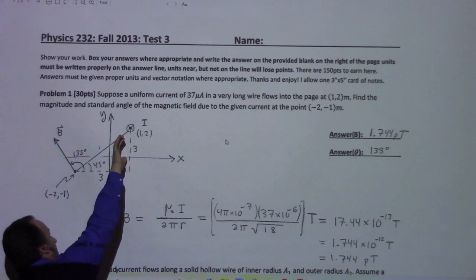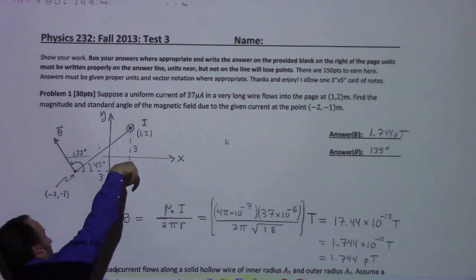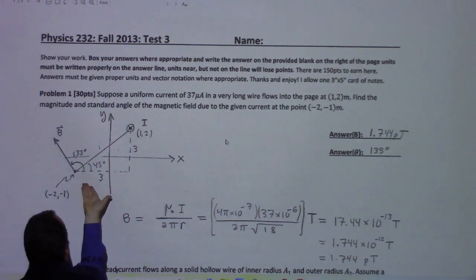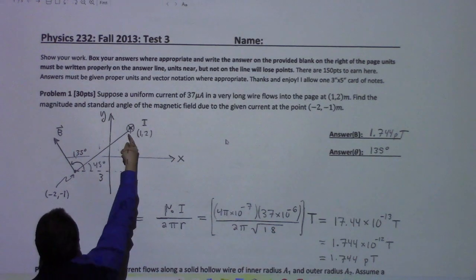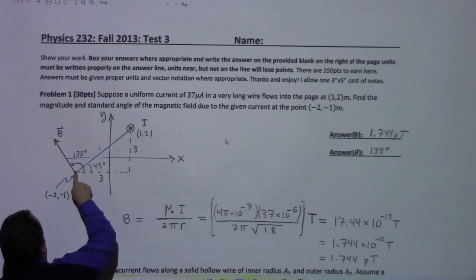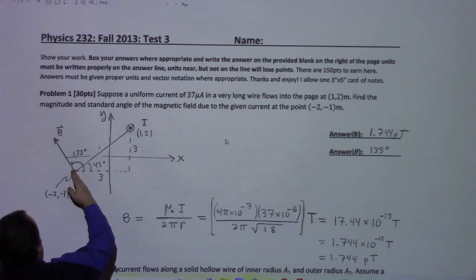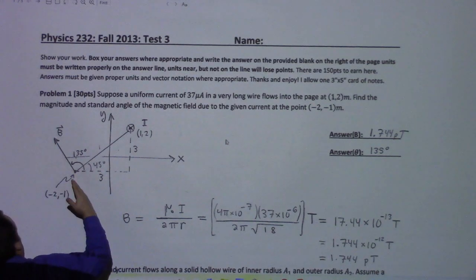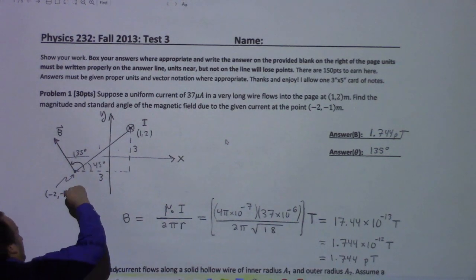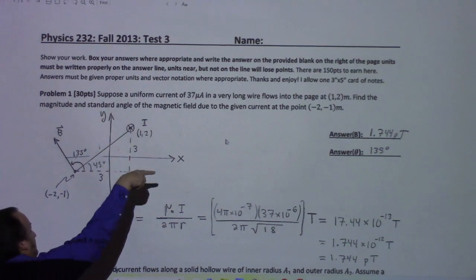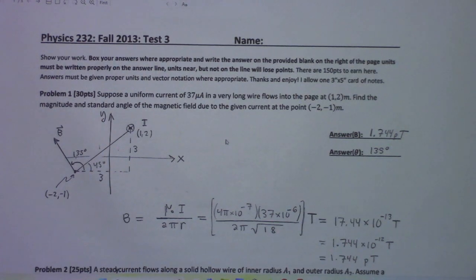And so as your right hand comes around, you do the radial vector from the source point, the current, to the field point, and you go perpendicular to the radius arm. That shows you the direction of the magnetic field because it wraps in circles around the current flowing into the page.